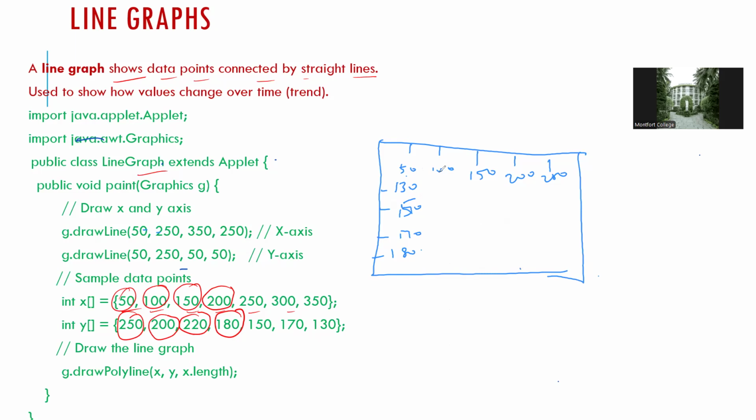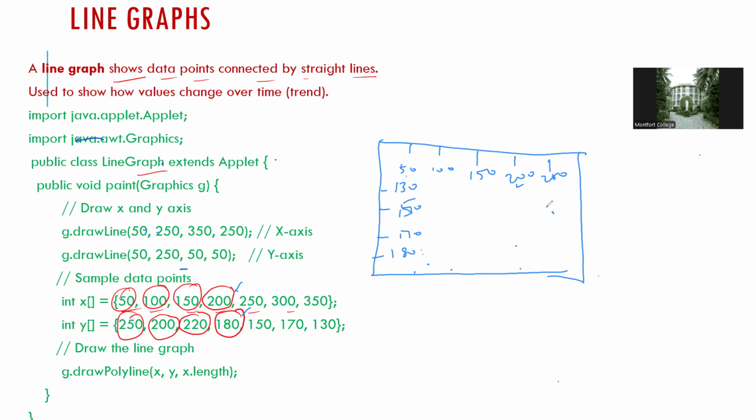So 50 and 250 will come here. 100, 200 will meet here. 150, 220 will meet here somewhere. And 200 in the x-axis, 180 in the y-axis is going to meet here. Then 250, 150: 250 here, 150 here.